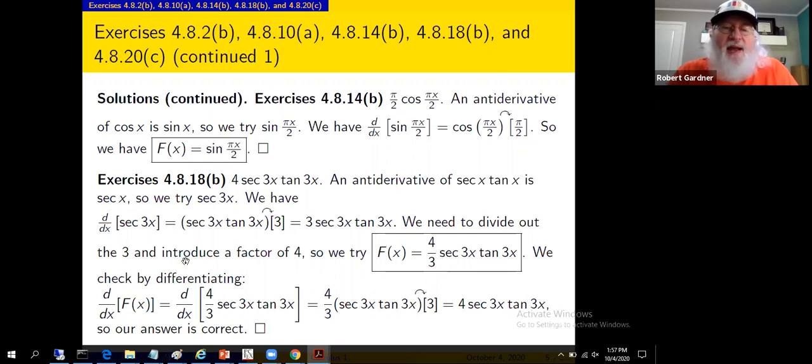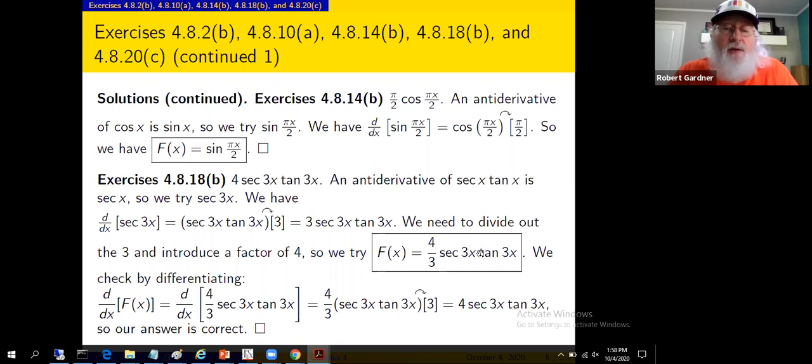So how about we divide out by 3, introduce a factor of 4. Let's take 4/3 secant 3x tangent 3x. Then when we differentiate, we'll have 4/3 out front. Oh, excuse me, I got an error here. I should not have the tangent 3x.